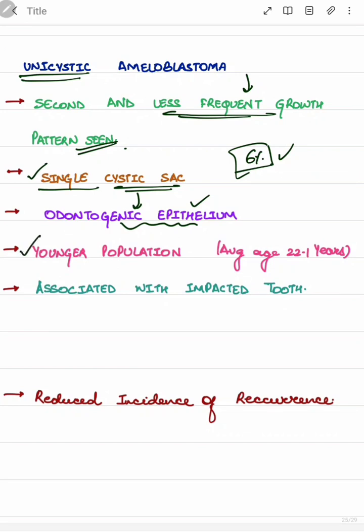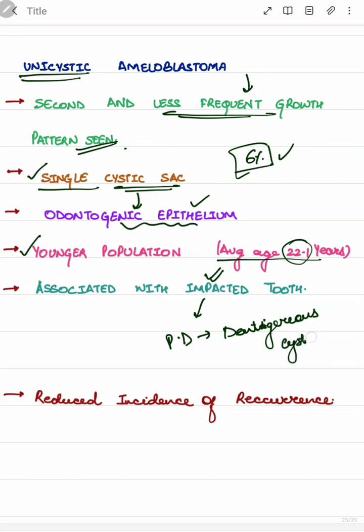It affects the younger population with an average age of 22.1 years. It is associated with impacted teeth. So the most common provisional diagnosis is dentigerous cyst, because we know that dentigerous cyst is also associated with an impacted tooth. It has a reduced incidence of recurrence, plus there is a better overall prognosis. So the prognosis is better.